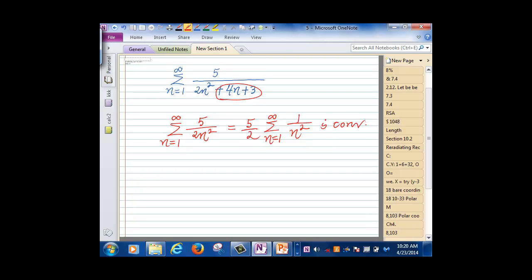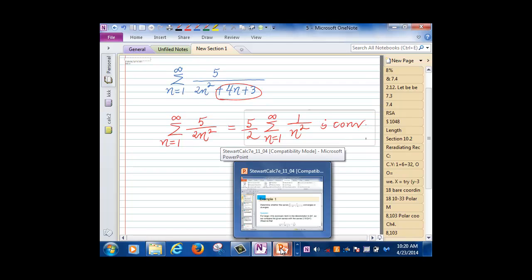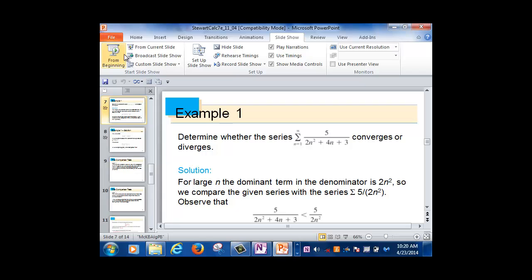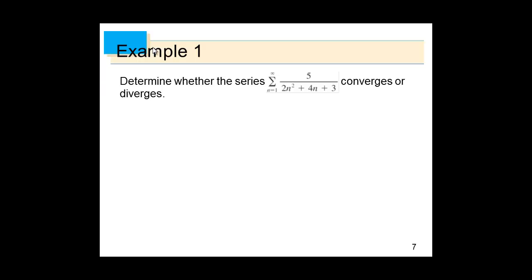That gives me the intuition that my series should be convergent as well. That's just an intuition. So how do I now show that the series is indeed convergent? Everybody's clear? My guess is that this series should be convergent.